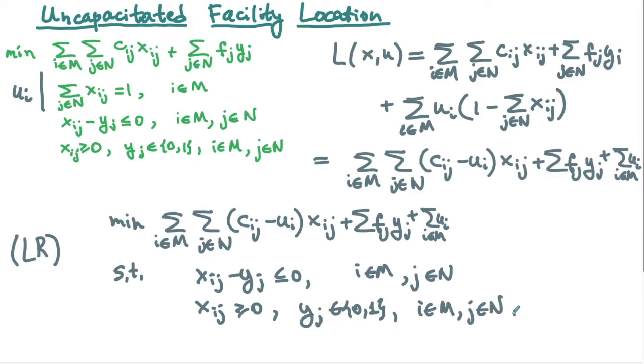Alright, so this problem is pretty easy to solve, so we can obtain z(u) by just inspecting this problem and considering the possibilities for y_j. First, observe that we can split this problem into n smaller subproblems, each subproblem corresponding to one of the indices j for j between 1 and n.